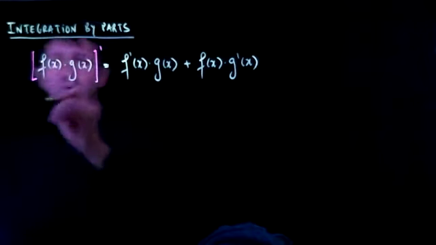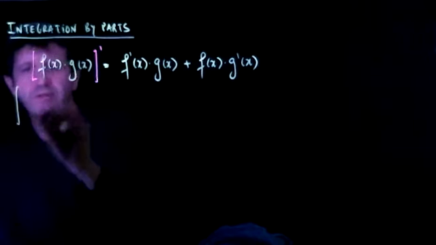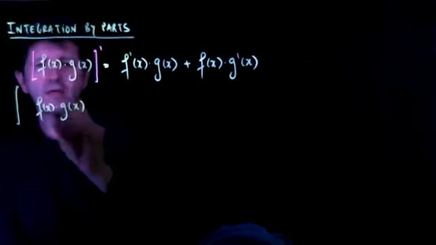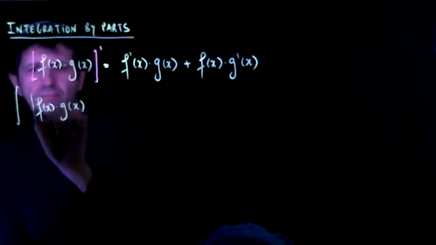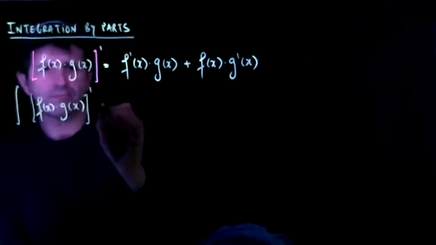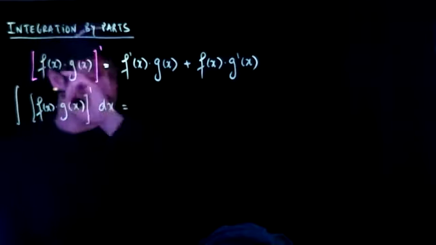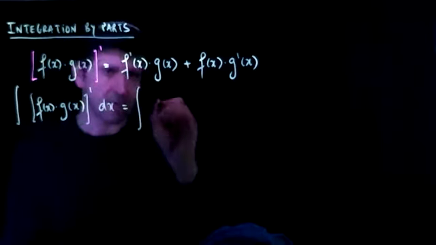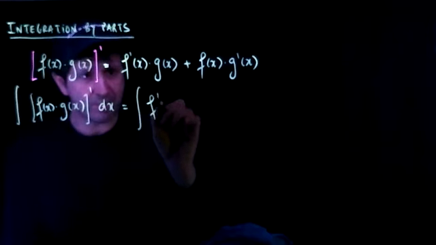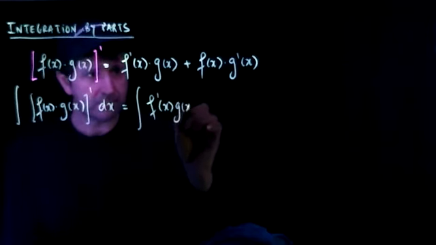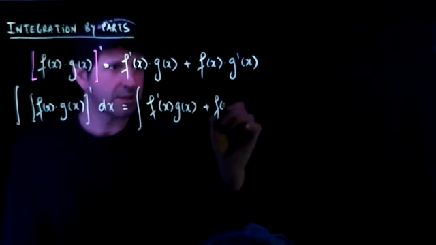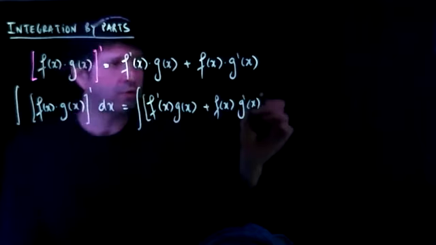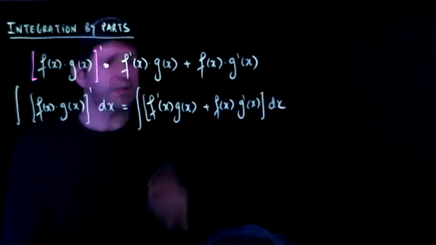So the antiderivative of f of x times g of x prime dx is equal to the antiderivative of this whole thing, which is f prime of x g of x plus f of x g prime of x, all this times dx.